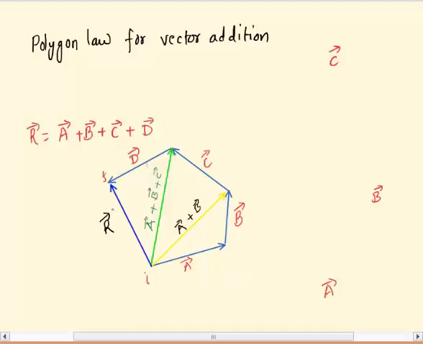Then joining the initial point to the final point, where D ends, will represent A plus B plus C plus D. So R vector is A vector plus B plus C plus D. So what the polygon law suggests is, if all the vectors are represented as sides of a polygon, then in order to close that polygon, the final vector will represent the resultant of A plus B plus C plus D.